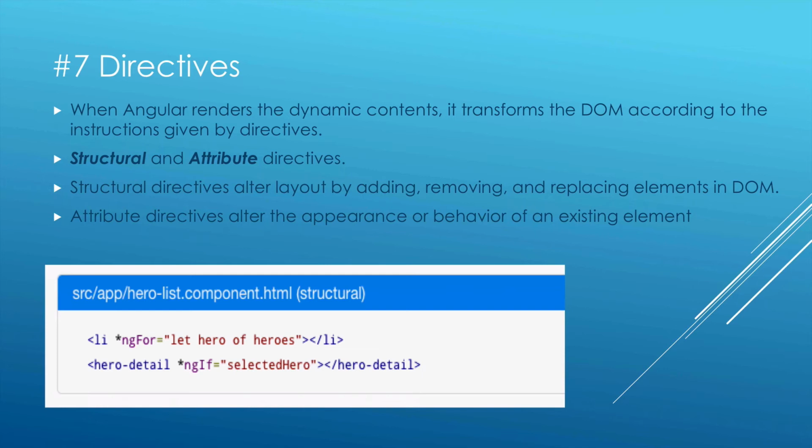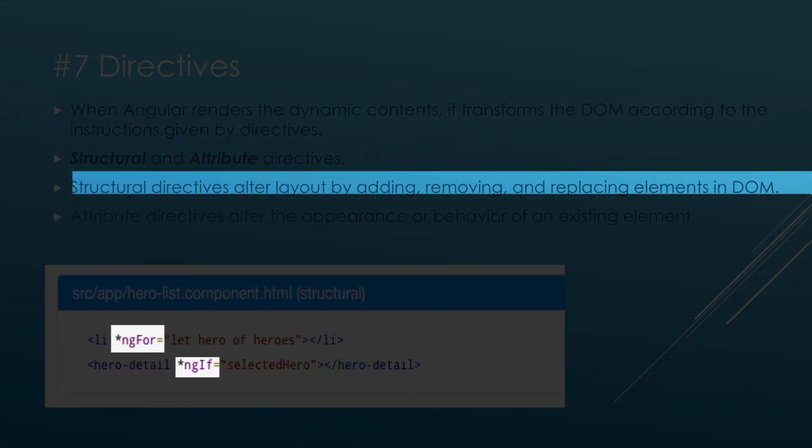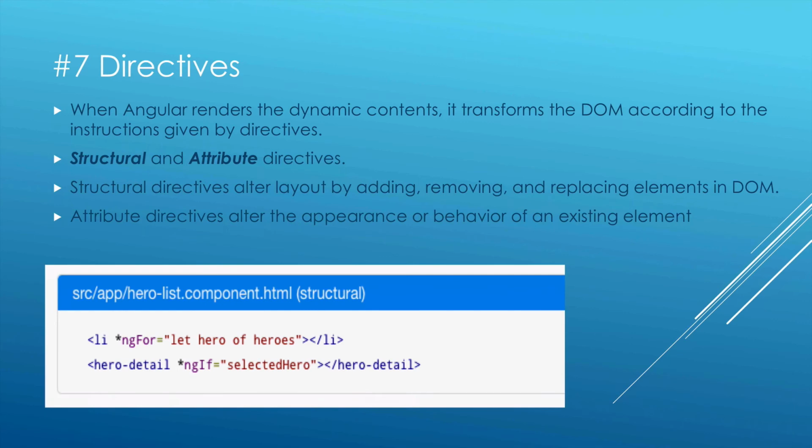Attribute directives change the appearance or the behavior of existing elements. Here are two commonly used structural directives, *ngFor and *ngIf. *ngFor is for looping through the elements and displaying them on the DOM. ngIf is a conditional if statement that if true, the element will be added to the DOM.